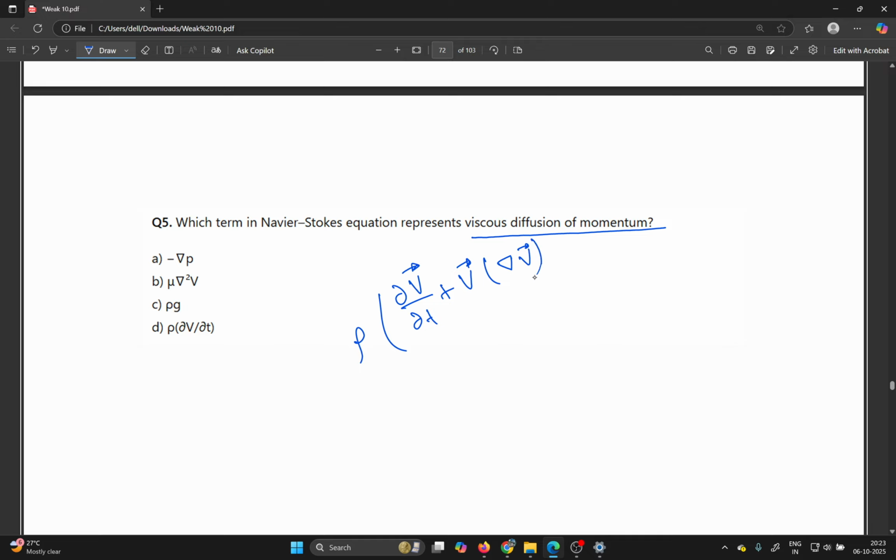So when you write again and again the similar equation, you will get some confidence. Del p vector plus rho, your body force plus viscous force, mu, then del square.